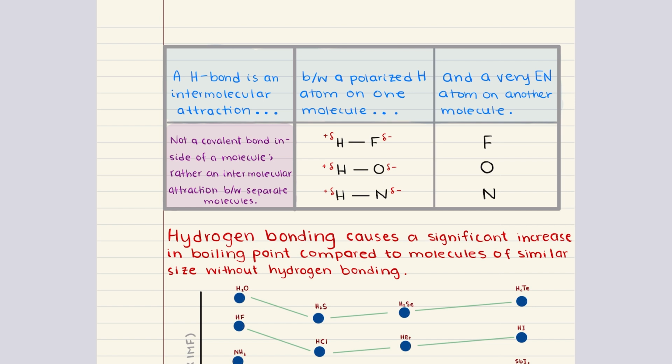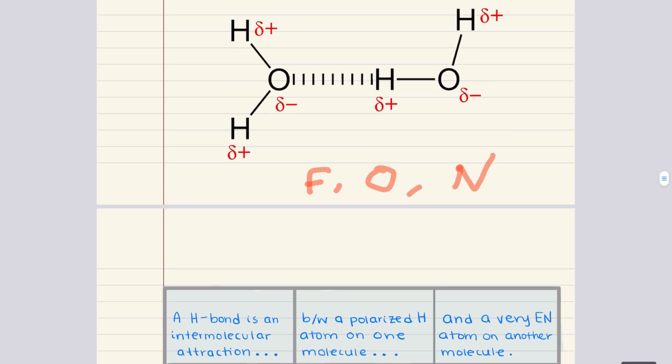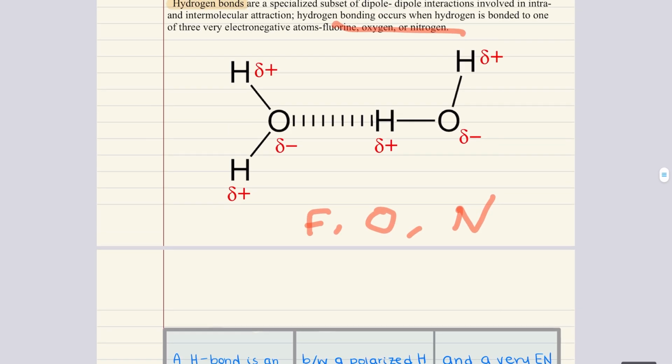We need a highly polarized hydrogen atom in one molecule, meaning hydrogen must be directly bonded to fluorine, oxygen, or nitrogen. And then we need a lone pair on a fluorine, oxygen, or nitrogen atom in another molecule, which acts as the hydrogen bond acceptor.